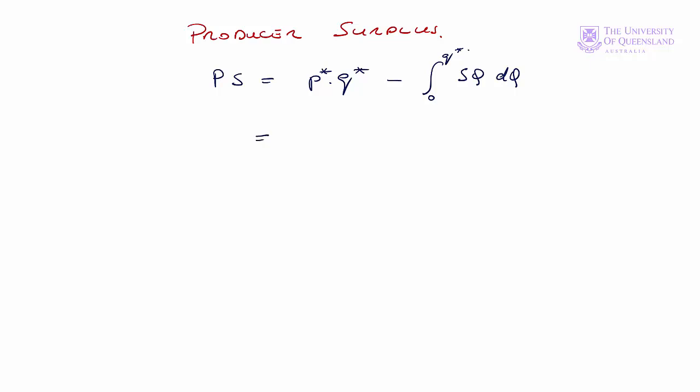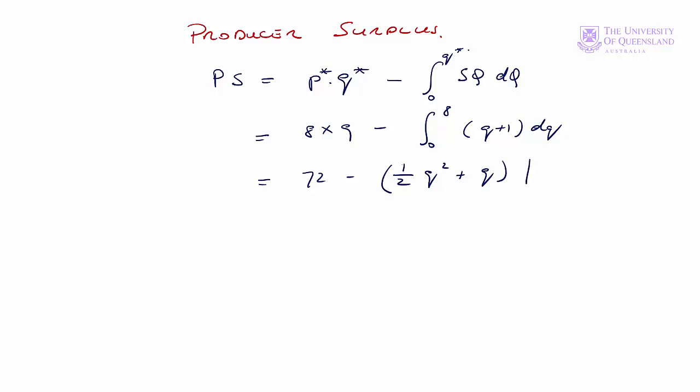In this example, that will be 8 times 9 minus the integral from 0 to 8 of Q plus 1 dQ. It's equal to 72 minus 1/2 Q squared plus Q evaluated from 0 to 8.